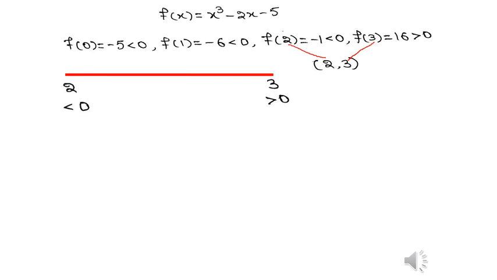Our root is lying somewhere in between, which is what we are going to find now. Here we have written less than 0. That means the value of the function at x equal to 2 is less than 0, and the value of the function is greater than 0 at 3. That's what we have found.